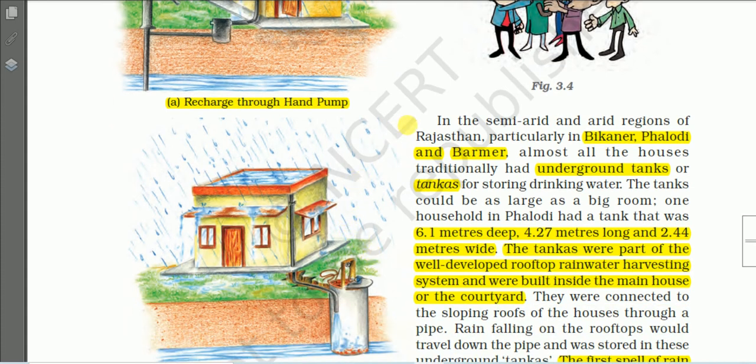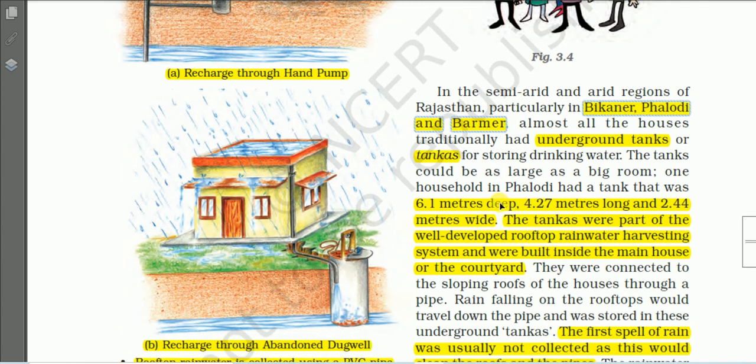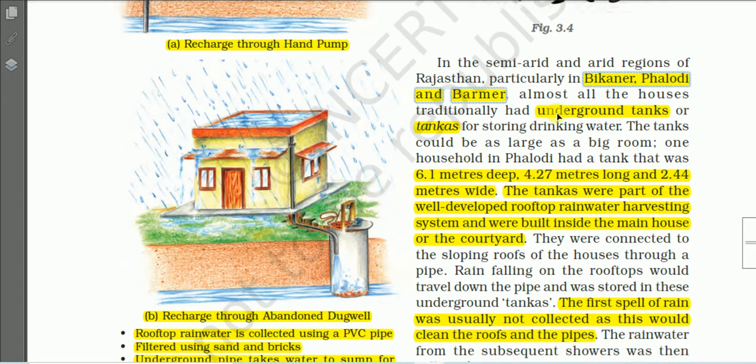In the semi-arid and arid regions of Rajasthan, particularly in Bikaner, Phalodi and Barmer, almost all the houses traditionally had underground tanks, known as tankas. Underground tanks are known as tankas in Rajasthan. And we have learned that in Rajasthan rainwater harvesting is done.